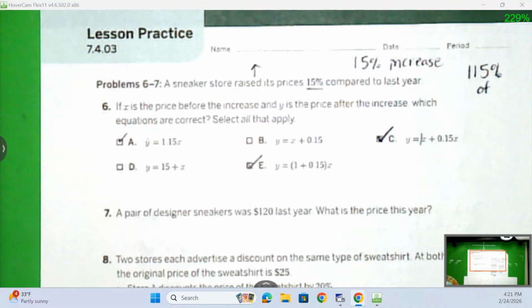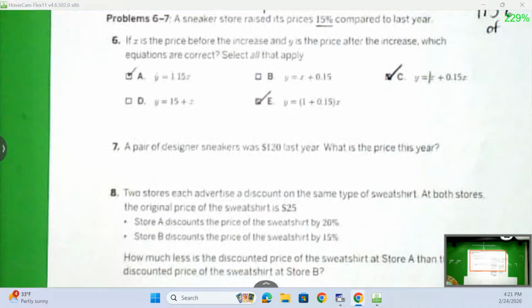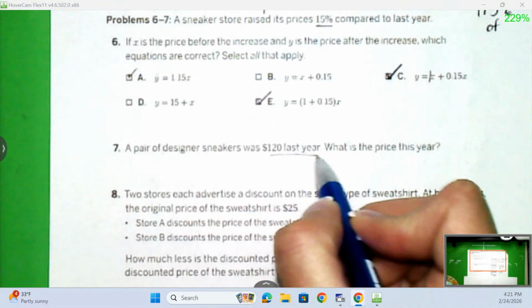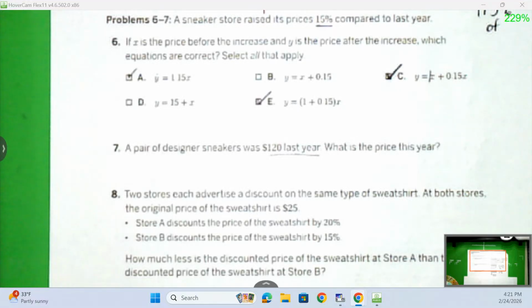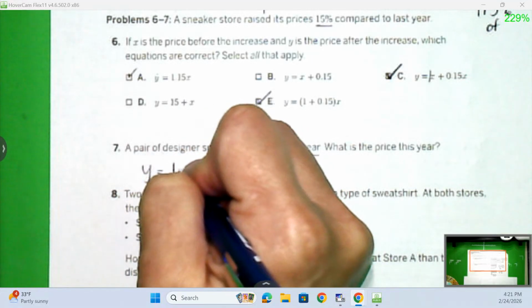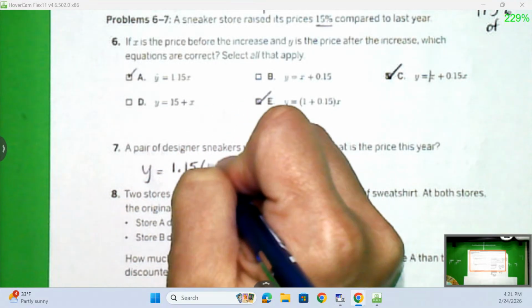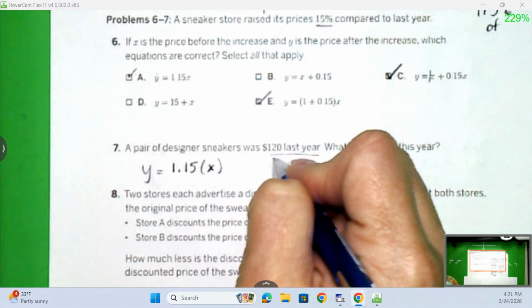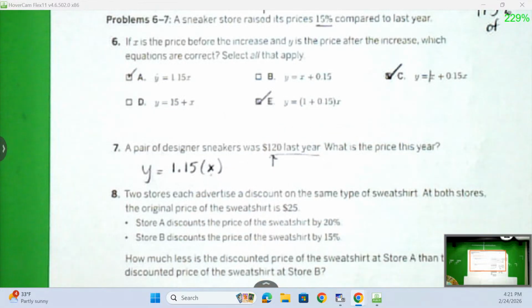Okay, number 7. A pair of designer sneakers was $120 last year. What is the price this year? So in keeping with our sneakers here, our Y equals 1.15 of X, which we are going to replace with the 120.